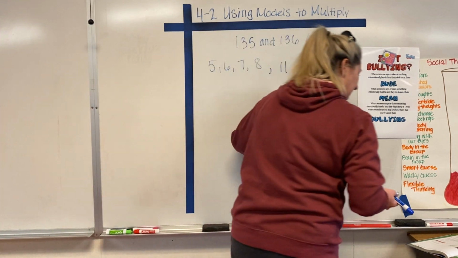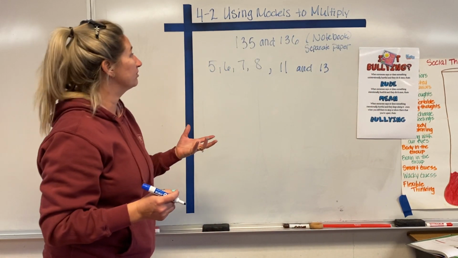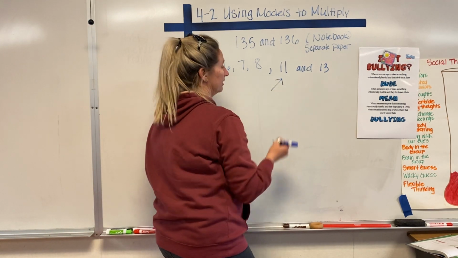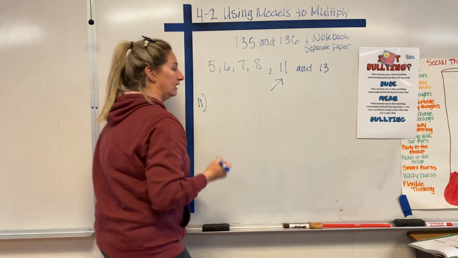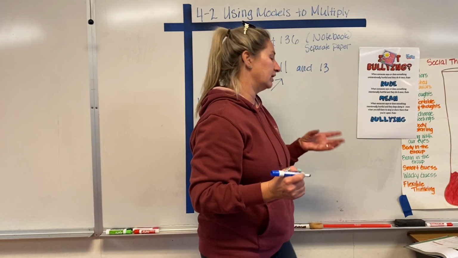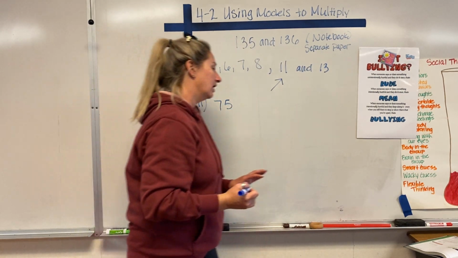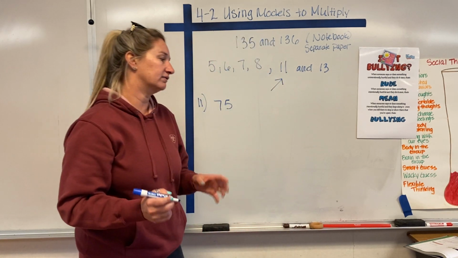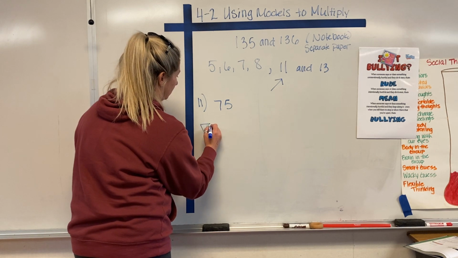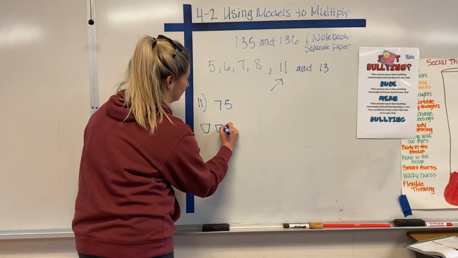11 and 13, both of them are like what we did today using models, so maybe I could help you set those up. For number 11, it says, during a basketball game, 75 cups of fruit punch were sold. 75 cups, okay? Each cup holds 20 fluid ounces. So if there's 75 cups, and I draw, you know, there's 75.